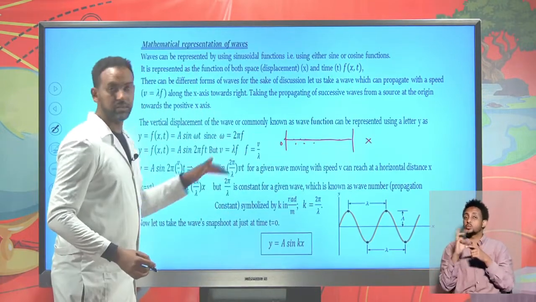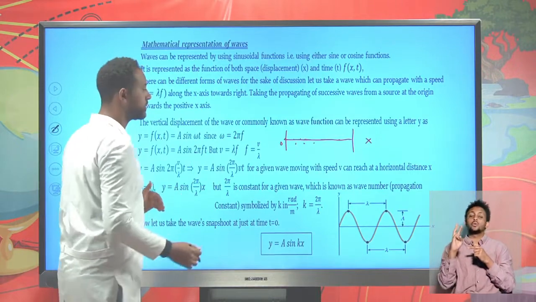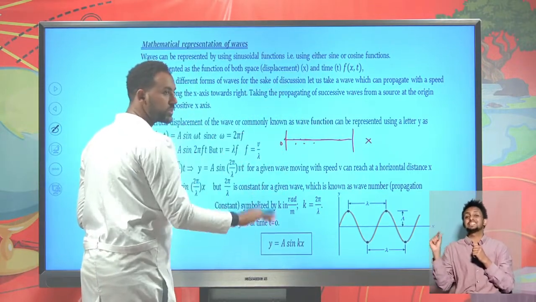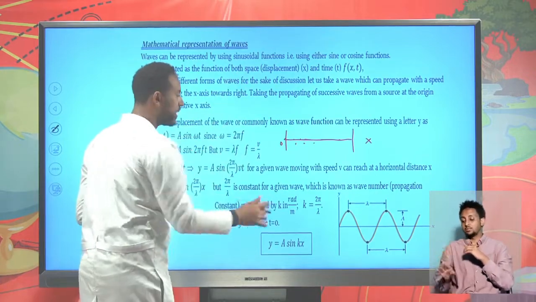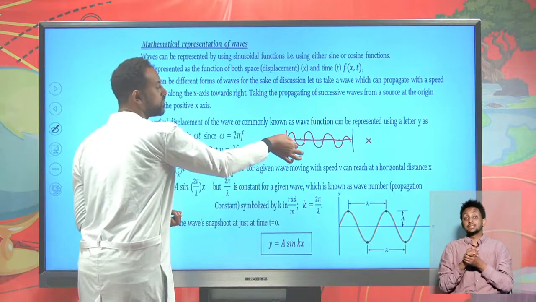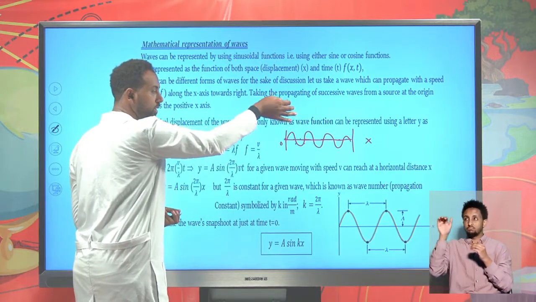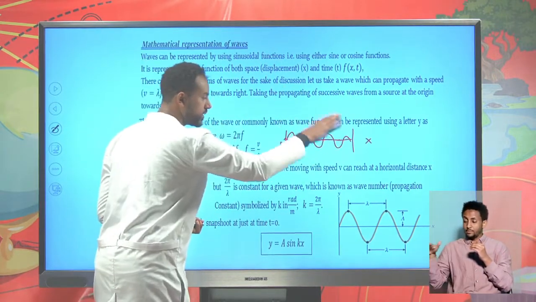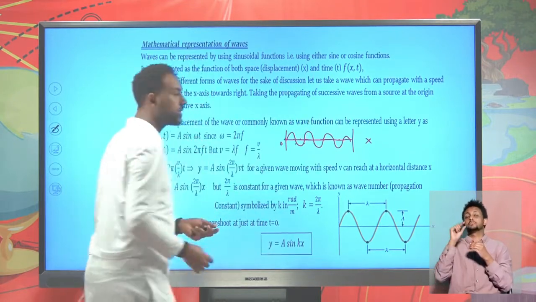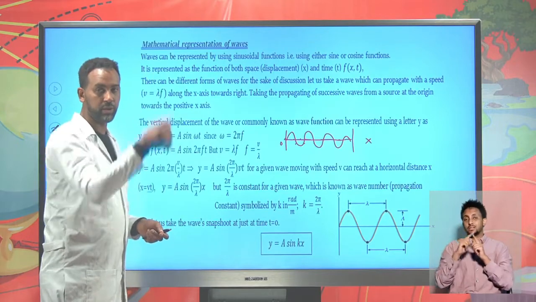As the wave propagates to the right, let's take a wave propagating to the right, it is going to disturb those particles, and those particles move up and down. Sometimes they are moving upward, and then as the wave passes them, the particles move downward. So these particles are found at different vertical locations.